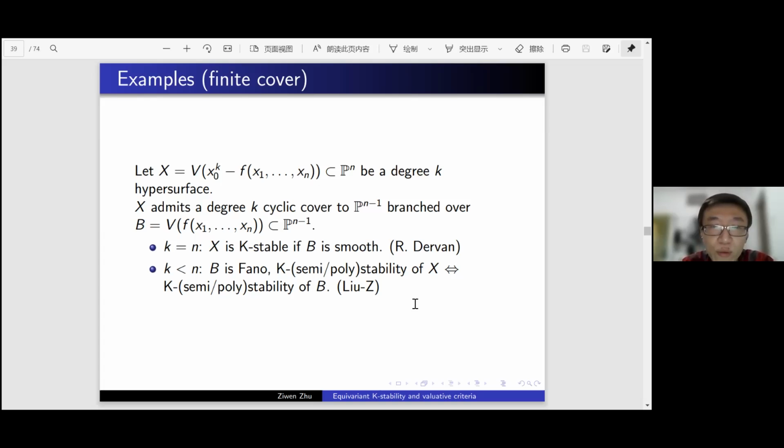But originally, when we first started to consider this question, we only had the result about K-stability of cubic threefolds, which is the result of Yuchen Liu and Chen Yangshi. So when K is equal to 3, we can use the K-stability of cubic threefolds to deduce the K-stability of a special class of cubic fourfolds here.